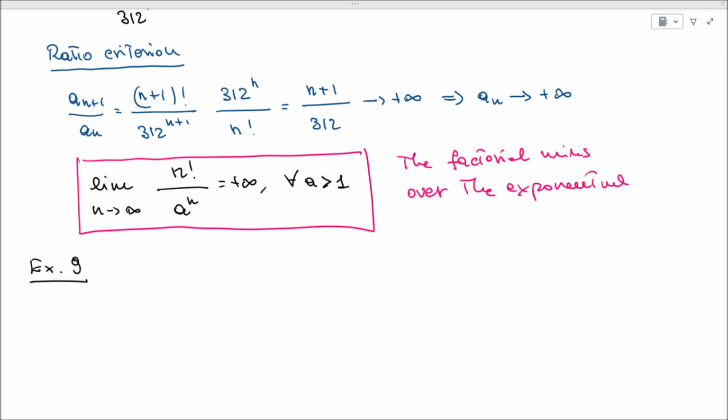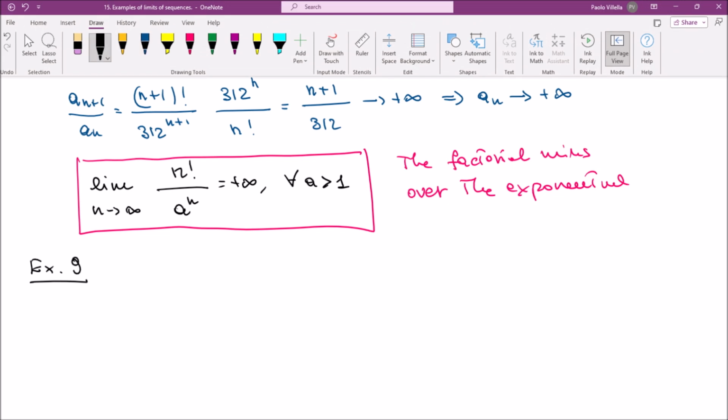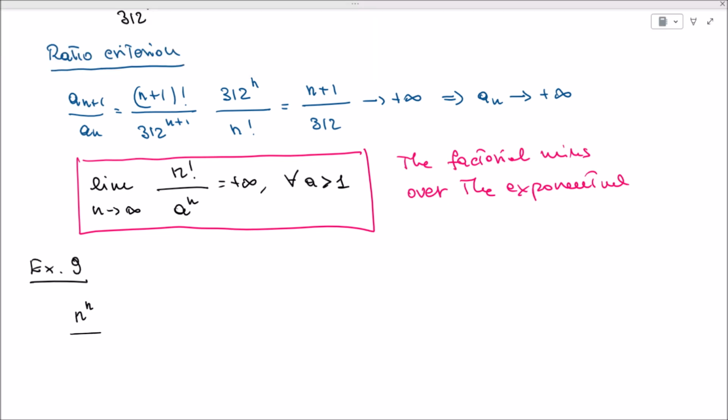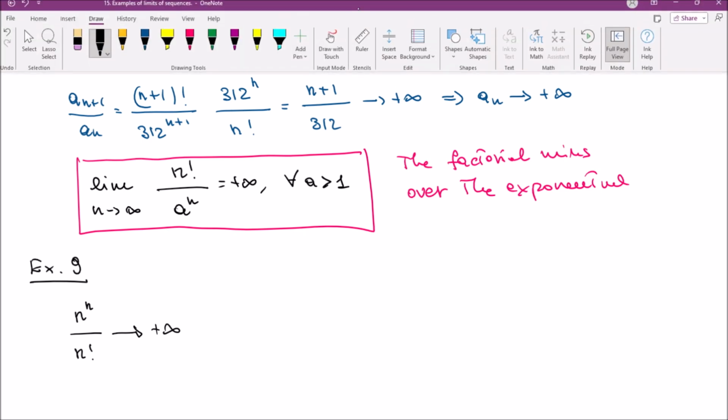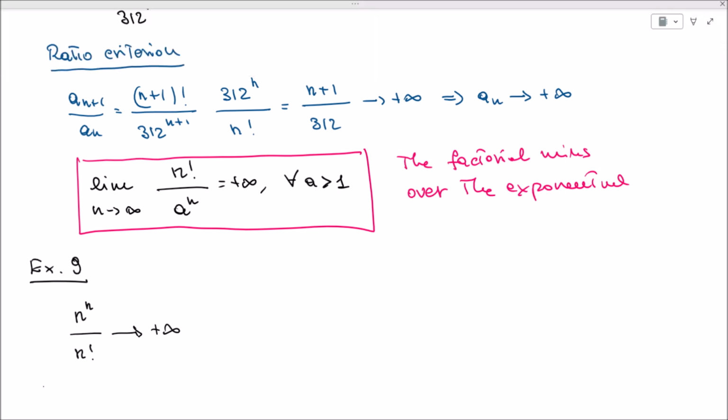Let's consider the sequence n to the n divided by n factorial, and we'll see that this will diverge to plus infinity, meaning that n to the n is more powerful than the factorial.